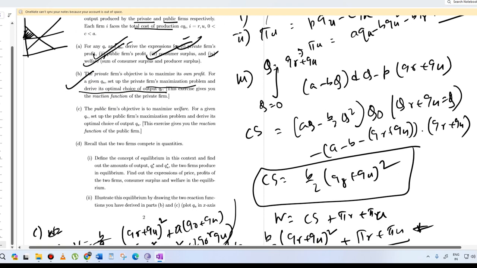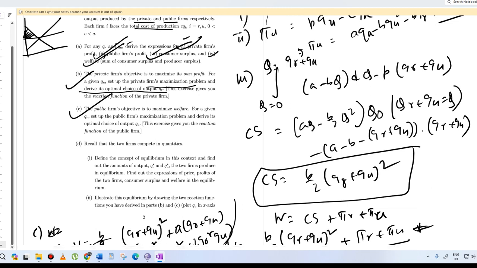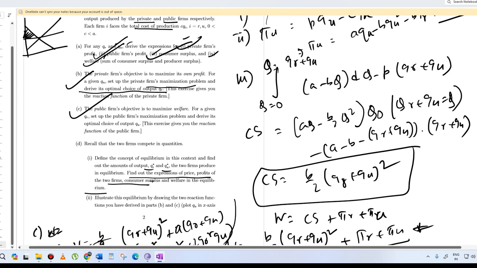Next is the D part. Define the concept of equilibrium in this context. Find out the amounts QR and QU produced by the two firms in equilibrium. Find out the expression of the price and output of these two firms and illustrate the equilibrium.